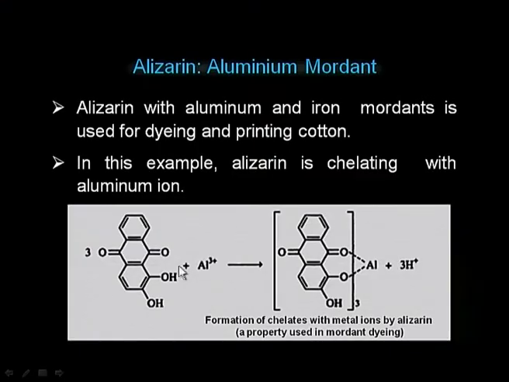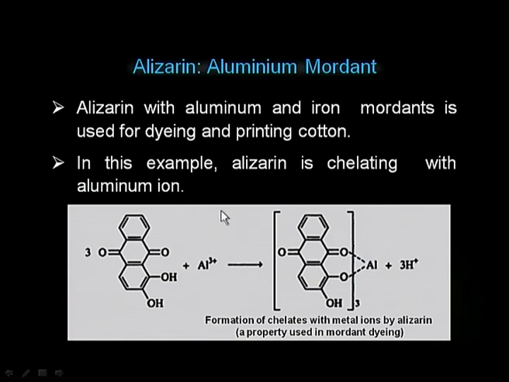Here we have the example of an aluminum mordant of alizarin. What happens is that when the substance is dipped in mordant and dried, and when the dye is applied, the dye attaches itself to the mordant or aluminum, and when it is attached to the aluminum mordant, it becomes a sort of permanent dye over the material.